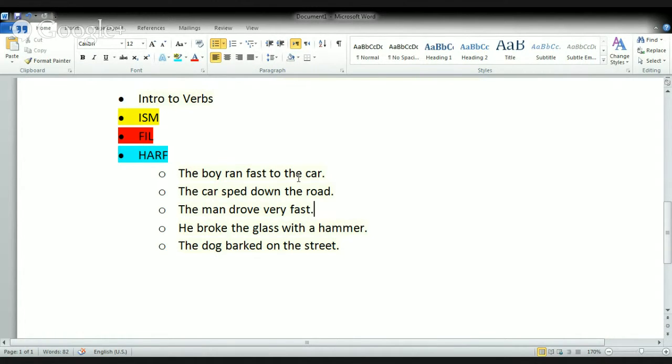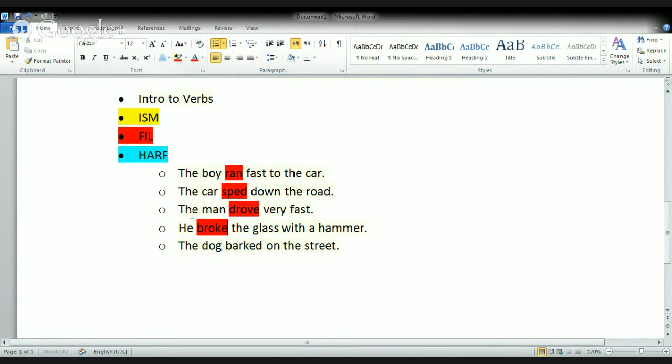So, the boy ran fast to the car. The first thing I want you to do is tell me which one is the verb. Ran. Okay, good. And the second one? Sped. Good. And drove. Good.